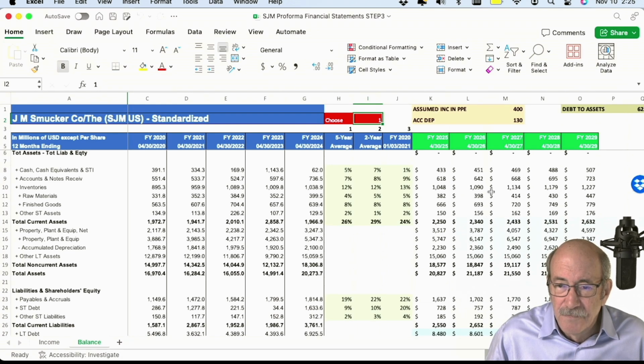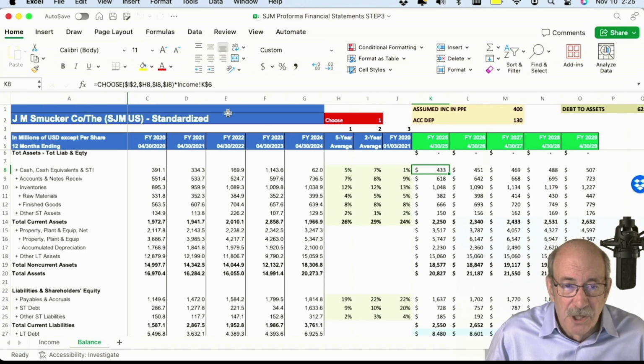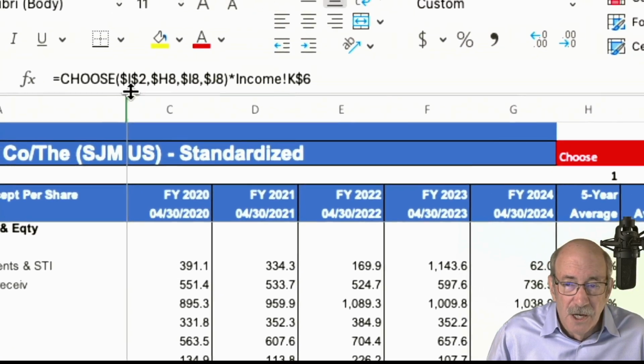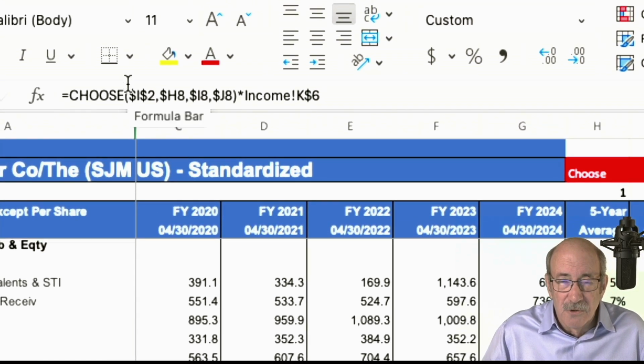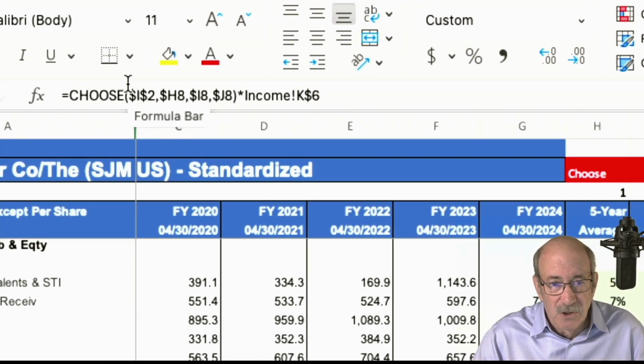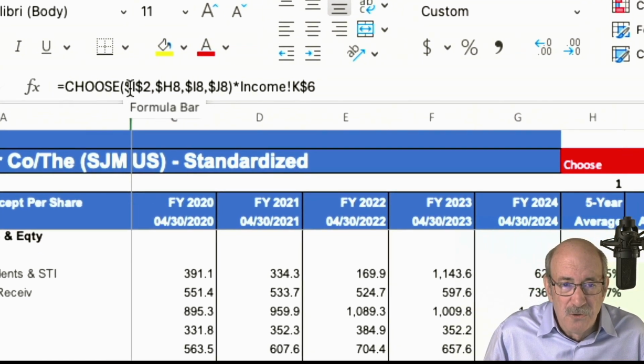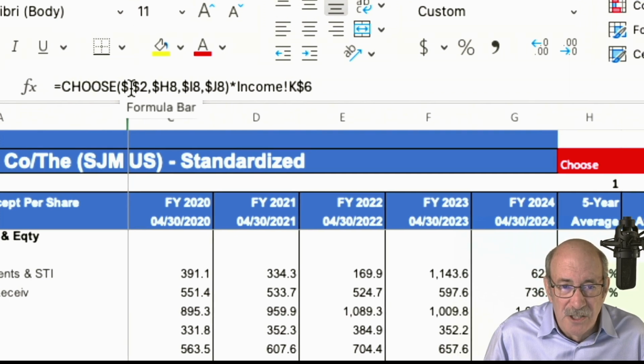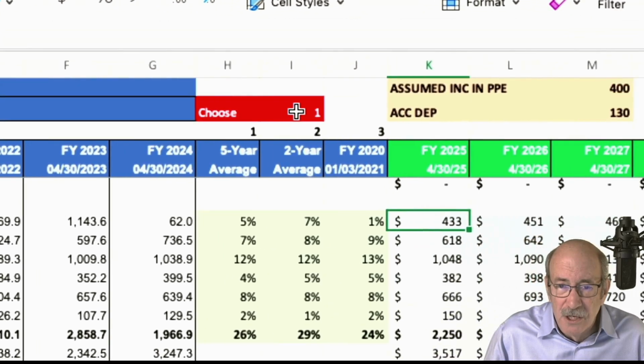All right. Notice this formula, this is where the actual choose function goes. The data I was just showing you is the input to the choose function. It says choose on the basis of what's in cell I2, which is right here.